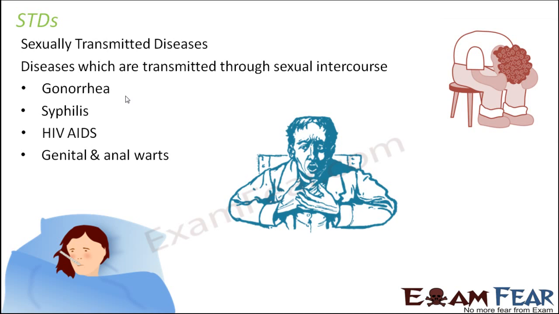Examples of sexually transmitted diseases are gonorrhea, syphilis, HIV/AIDS, and genital and anal warts. These are some examples of sexually transmitted diseases, among which HIV is one of the most dangerous. However, many of these diseases, if diagnosed very early, can be completely cured if proper treatment is taken. In our society, sometimes people feel it is a matter of shame that somebody is suffering from a sexually transmitted disease.